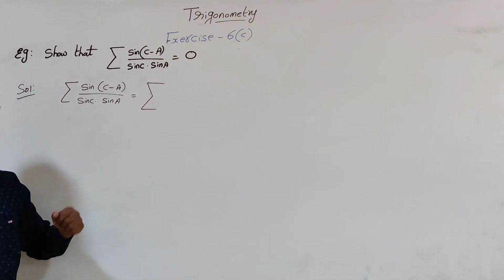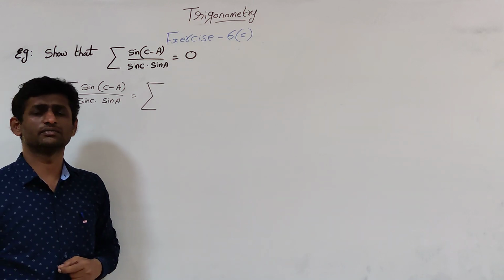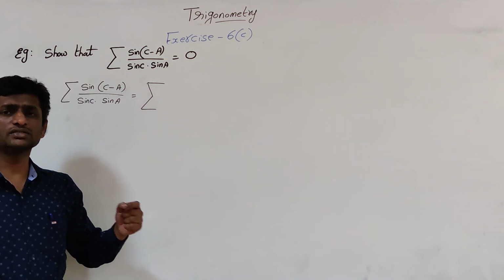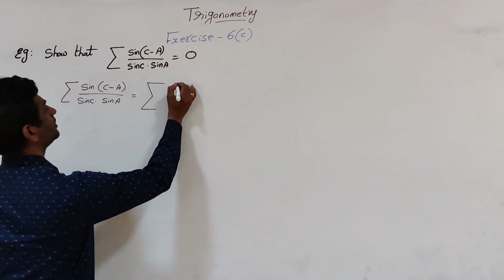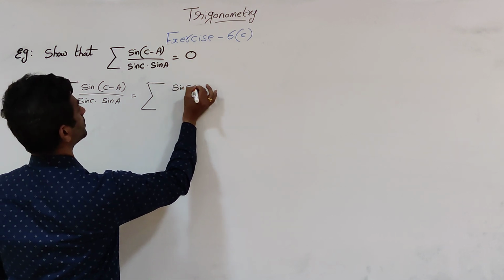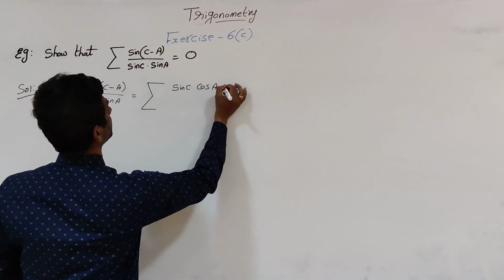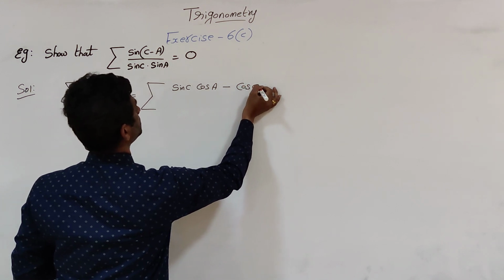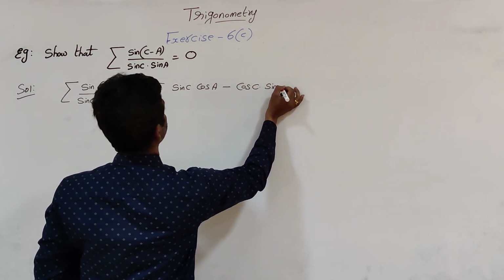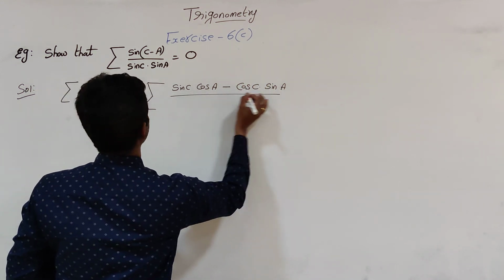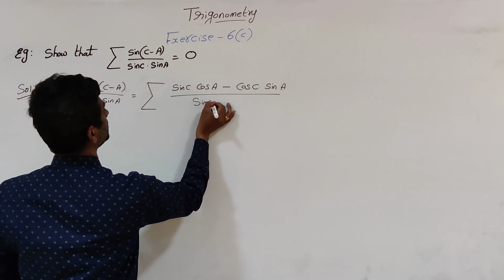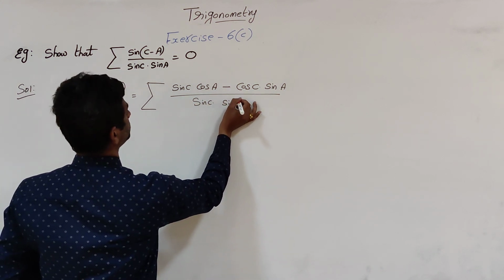What is sine of a minus b? Sine a cos b minus cos a sine b. So it will be sine c cos a minus cos c into sine a by sine c into sine a.